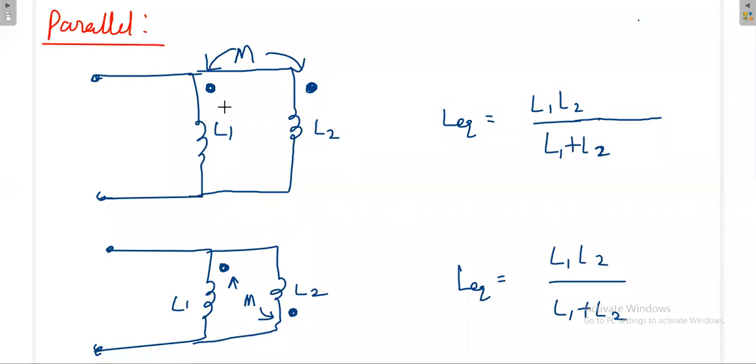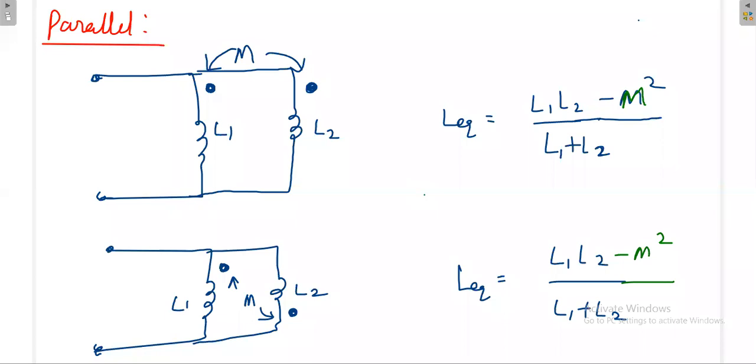First of all, you should know which combination will produce more equivalent inductance, either this one or this one. The first is aiding, this is opposing, in the opposite way. Which one will increase and which one will decrease? Anyway, for both, the numerator remains the same, m square. And again I have to use 2m in the denominator, which may be plus 2m or minus 2m.